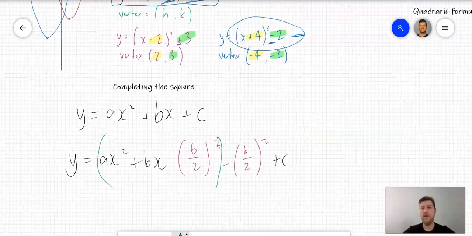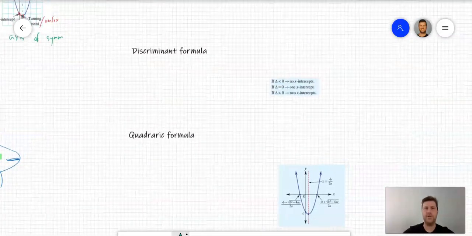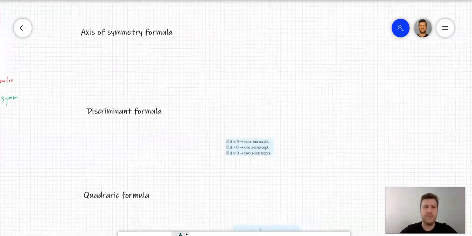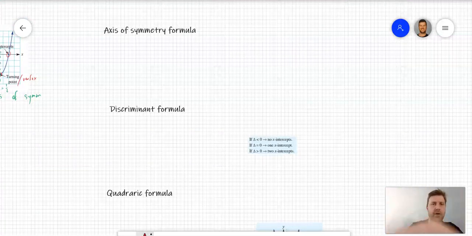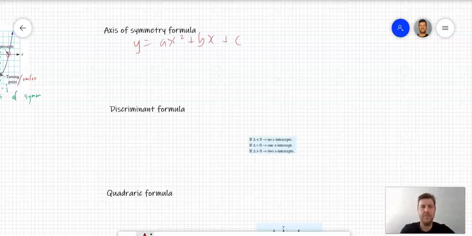Alright, now just the other few things I wanted to show you guys with some of the formulas we've been looking at. So there's a formula for the axis of symmetry. Remember, these you'll all be looking at standard form. So in terms of y equals ax squared plus bx plus c, if you want to work out the axis of symmetry, the formula is x equals minus b all over 2a.